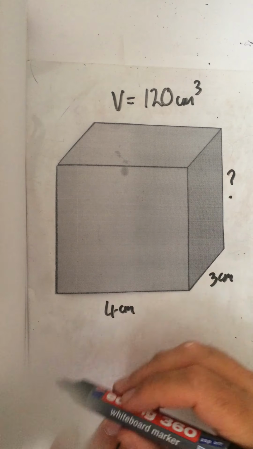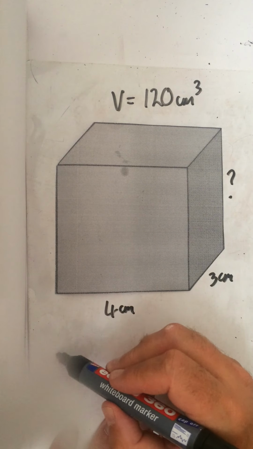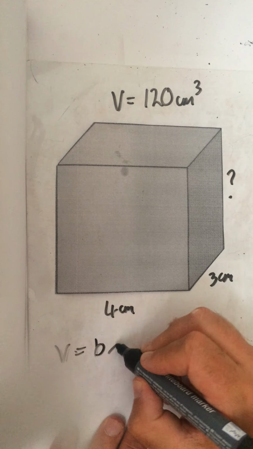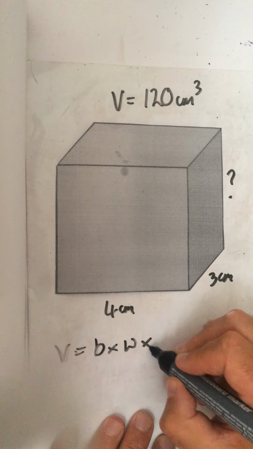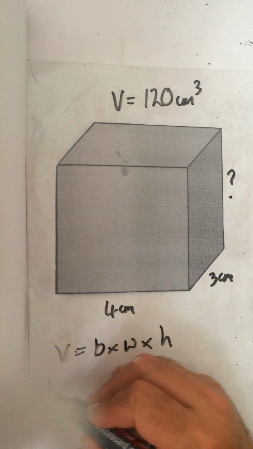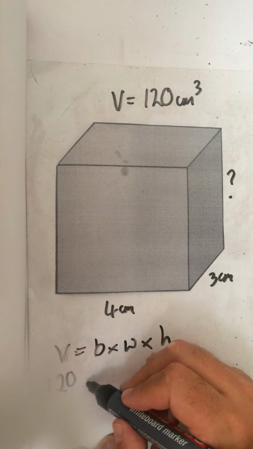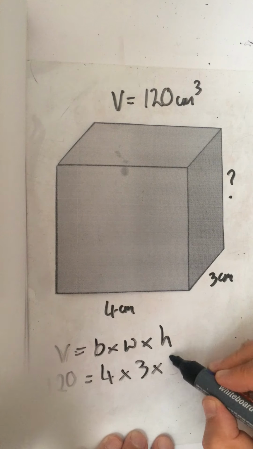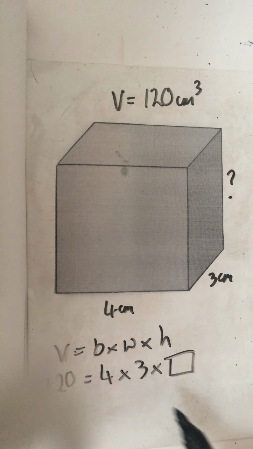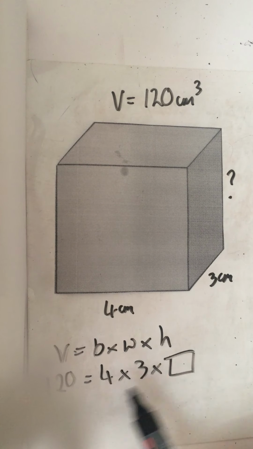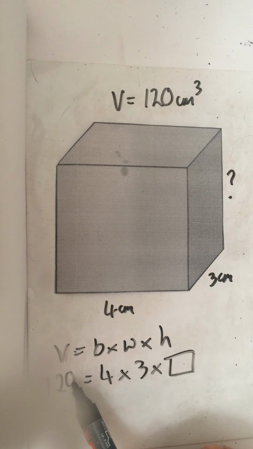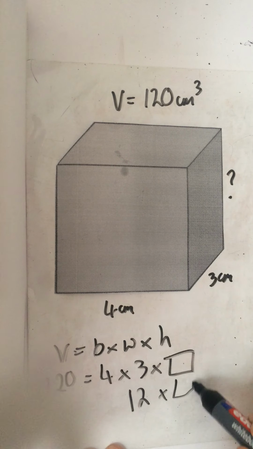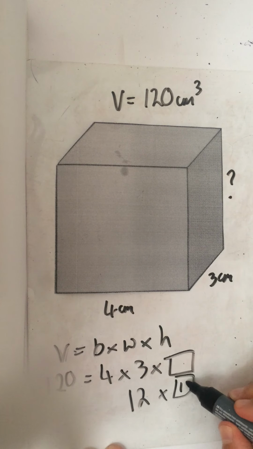Well, it's given us the volume. Volume is equal to base times width times height. So we know the volume is 120, and that is equal to the base times the width times this number here. 4 times 3 is 12. 12 times what is 120? 10.